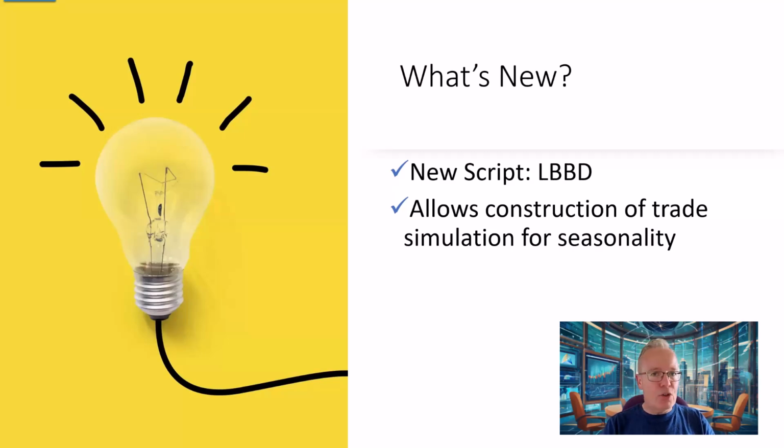So what is new? There's a new script. The story is that in the last webinar we did, I spoke about seasonality, and last weekend I published on my blog a seasonal list of stocks that had potential for the upcoming 2 weeks.